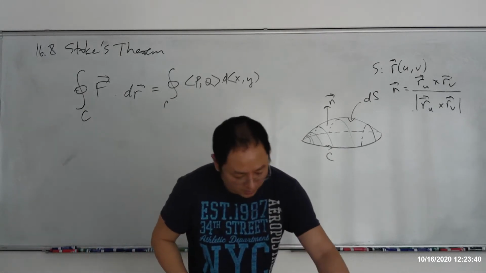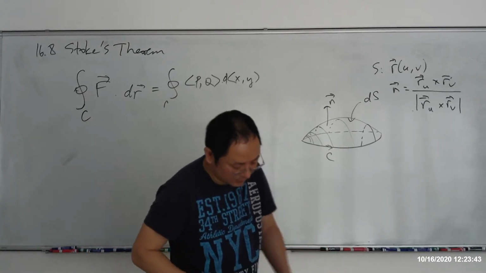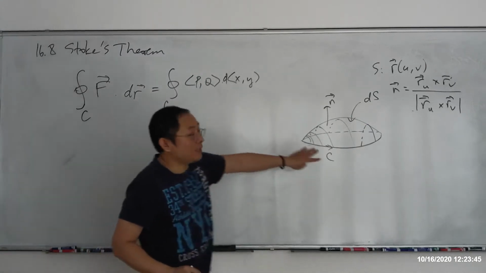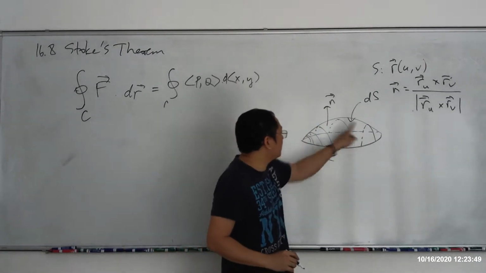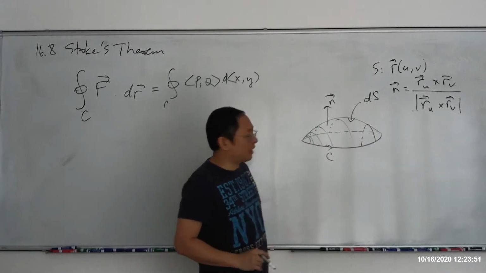What does Stokes' theorem say? You have a surface, now it's not flat anymore, and you have a closed curve C bounding the surface S right there.